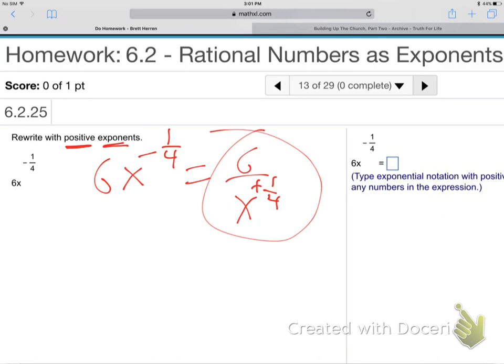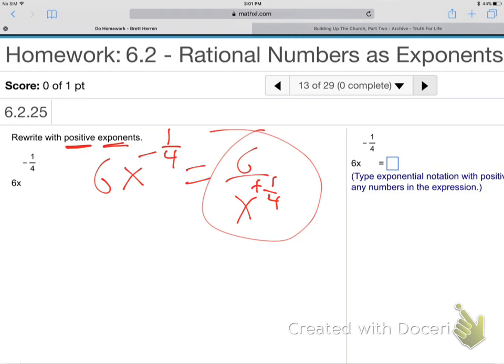Does that make sense? Because that power was never on the 6. It will not affect the 6. That negative 1/4 power was only on the x, so he makes the x jump, and then the x becomes positive. On that, yeah? It was like 6 minus x with the whole thing have to flip because it's attached. 6. Oh, no, it wouldn't be attached in that way.